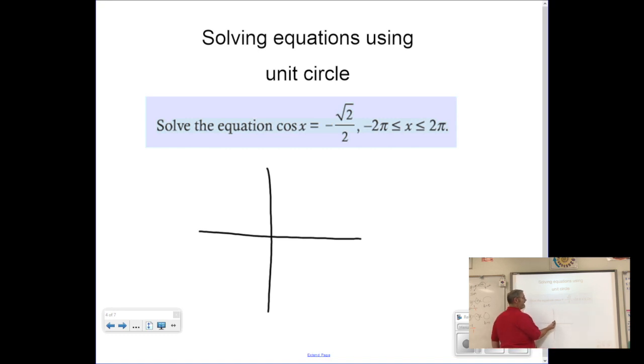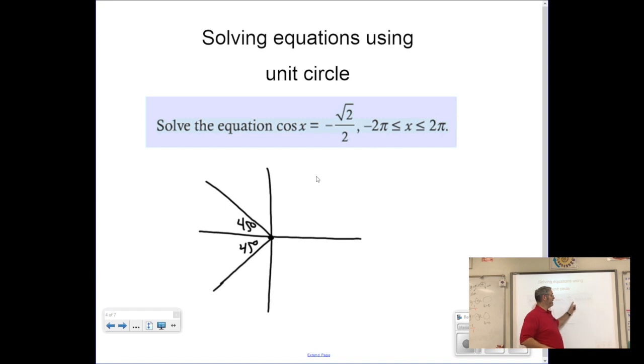Now, cosine is negative on the left side, so we know that this would be on the unit circle. This angle would give me a negative cosine, and below it too, because cosine gives me positive here. So negative would be in quadrant 3 and quadrant 4. So we want to find out what are all the angles in the positive direction, one rotation.